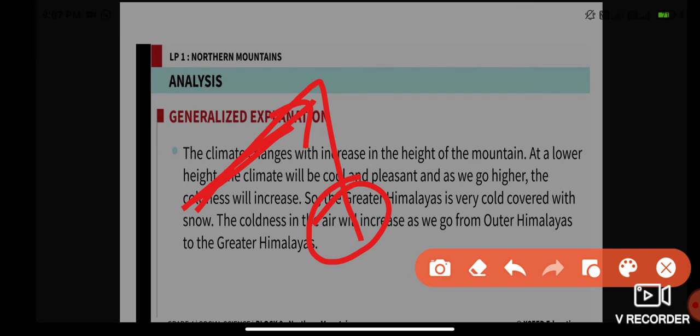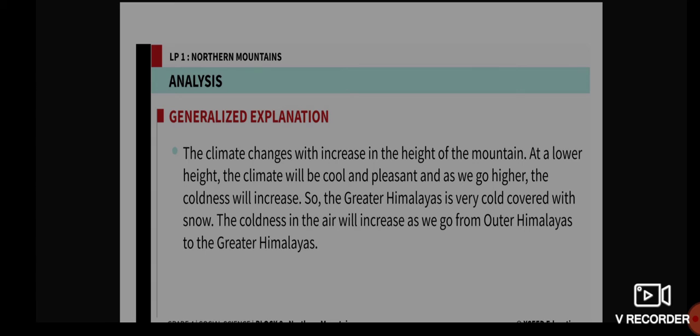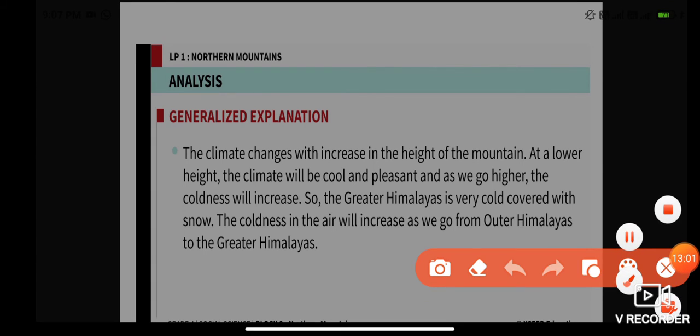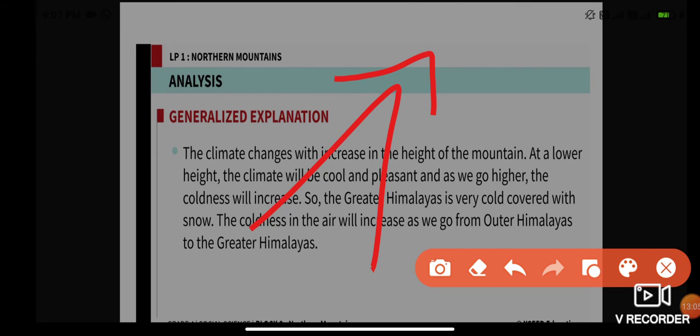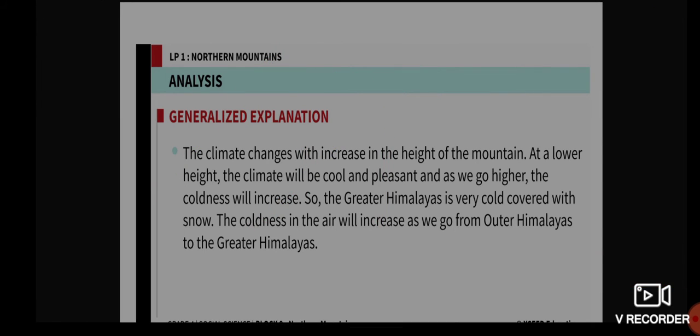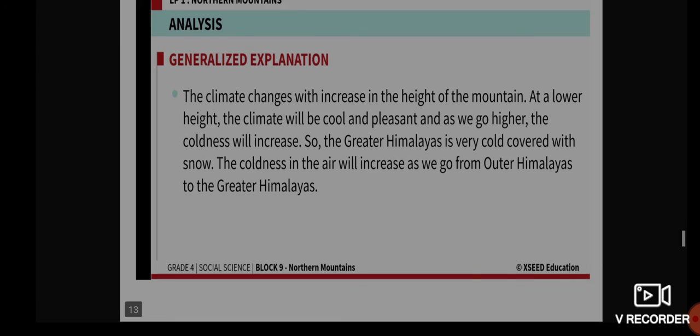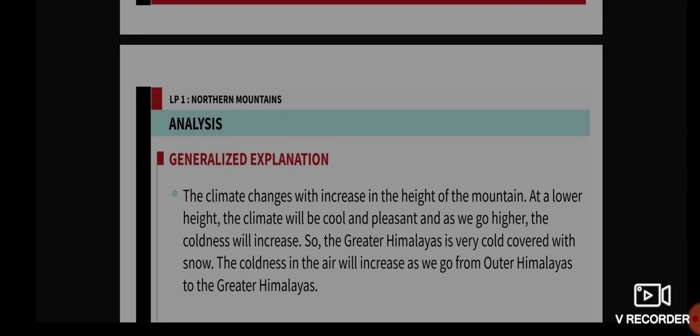As we go higher, the coldness will increase. As we go towards the top, it will become colder and colder. So the Greater Himalayas is very cold. Why? Because it is located at the top, so it is very cold with snow. You will even see snowfall in the Greater Himalayas.